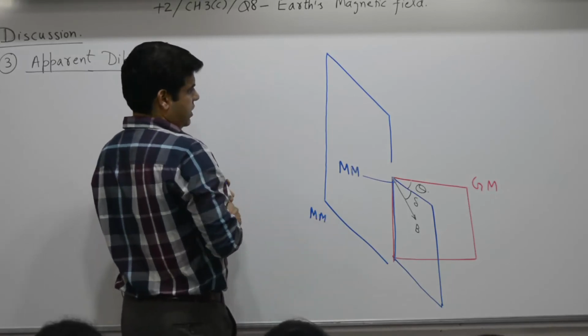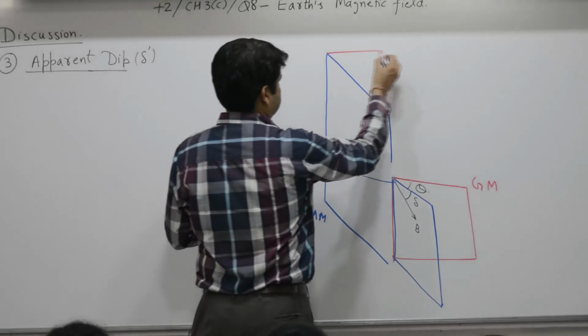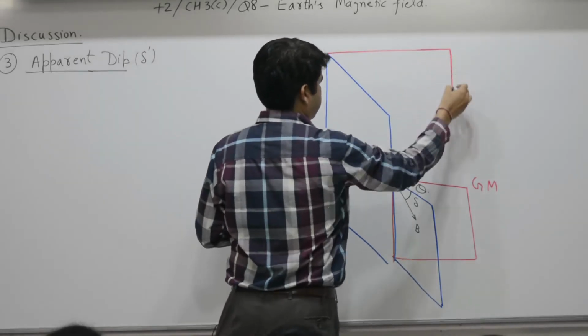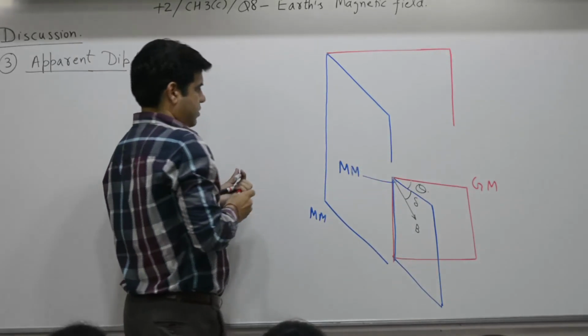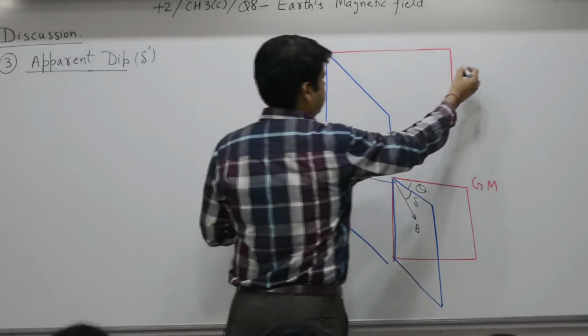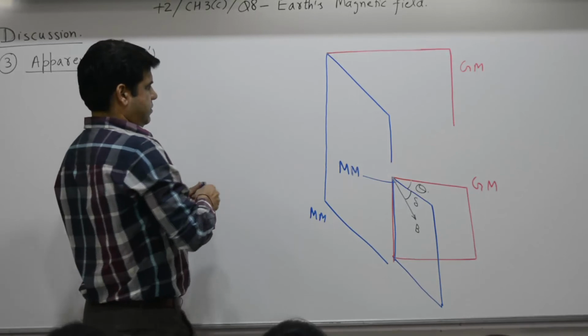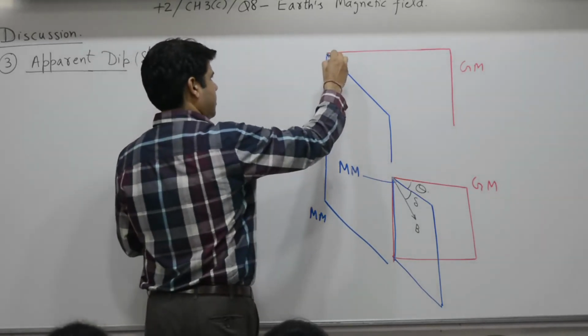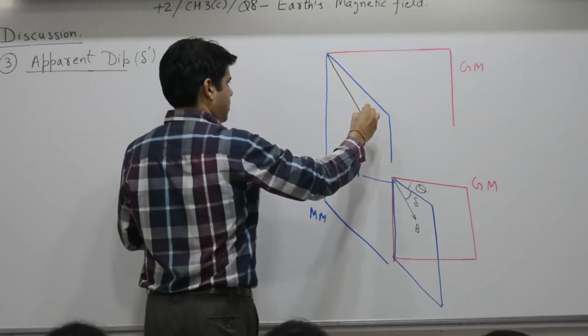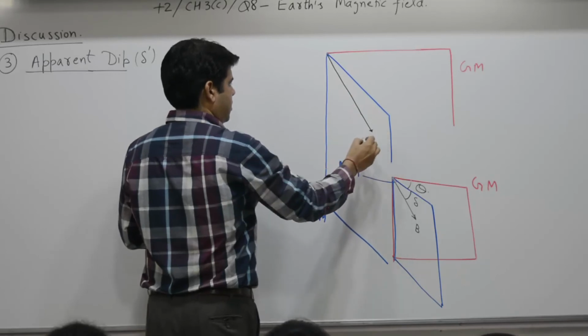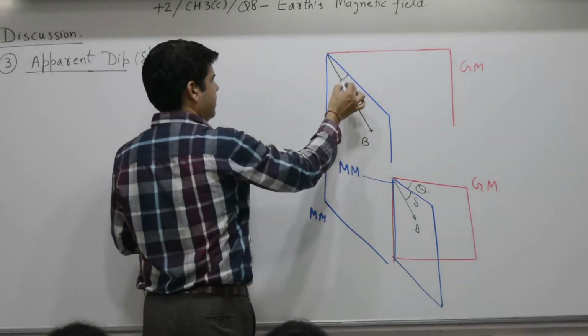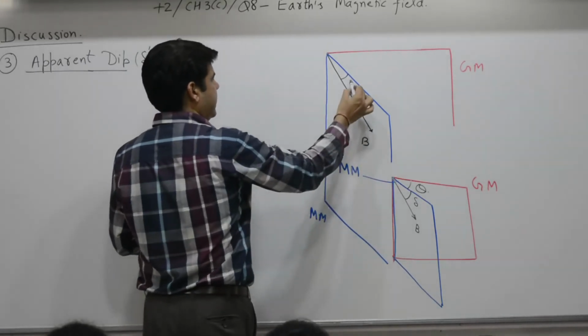The red color is what? Geographic meridian. The magnetic field is B. It makes what angle with the horizontal? Delta.